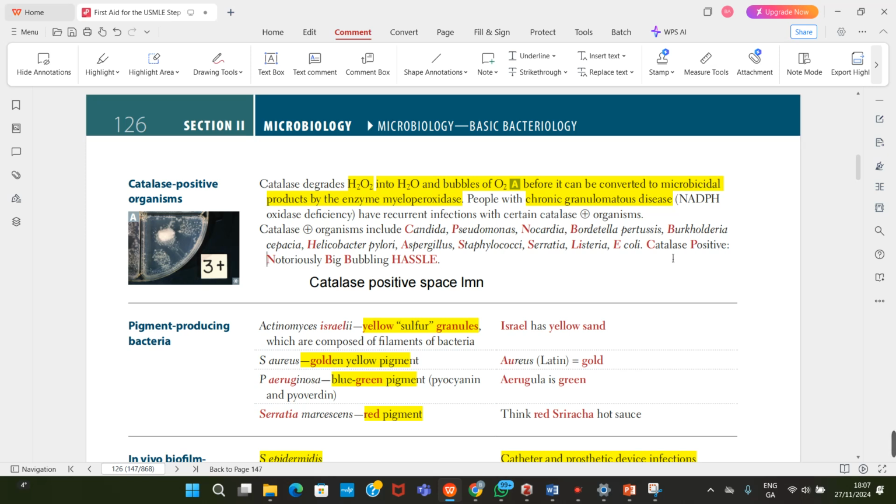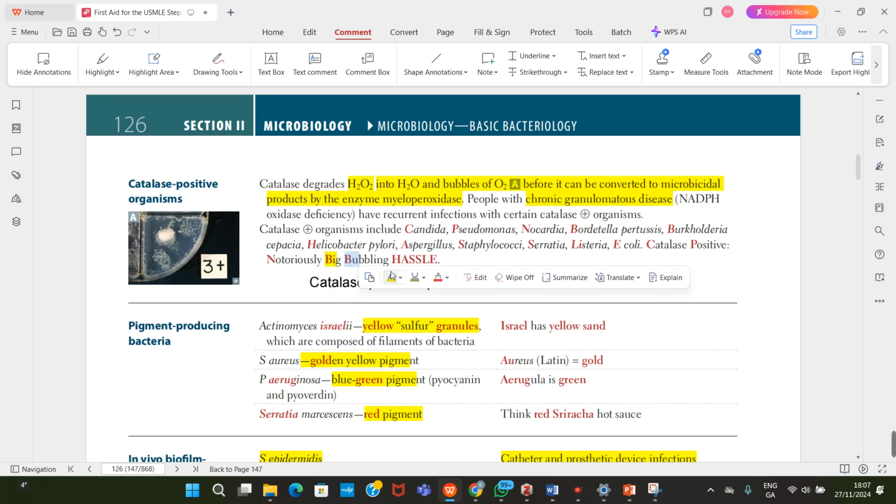So the catalase positive: the C for Candida, the P for Pseudomonas, the N for Nocardia, the B for Bordetella, the other B for Burkholderia. Burkholderia is very important to talk about in cystic fibrosis. Burkholderia cepacia, Bordetella pertussis.